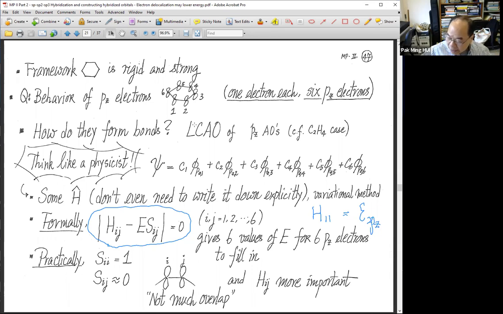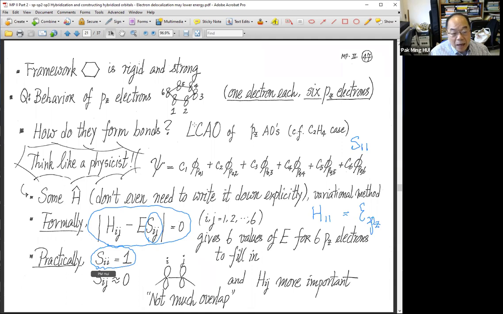Then Sii, S11, for example, is one atom's pz in a product. By normalization it is 1. So we know the diagonal is 1.